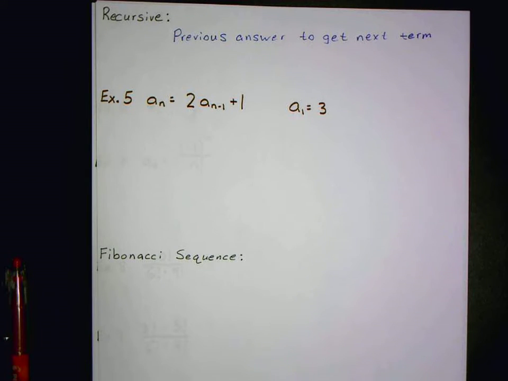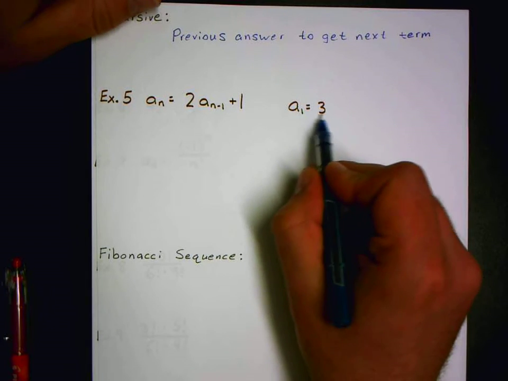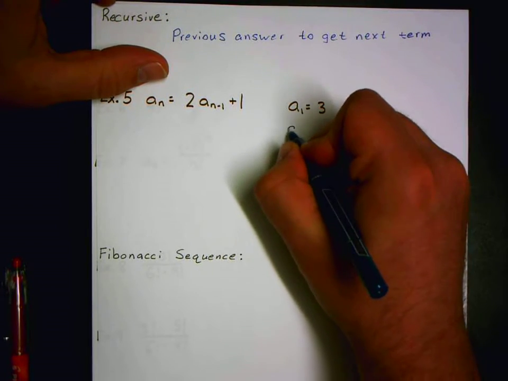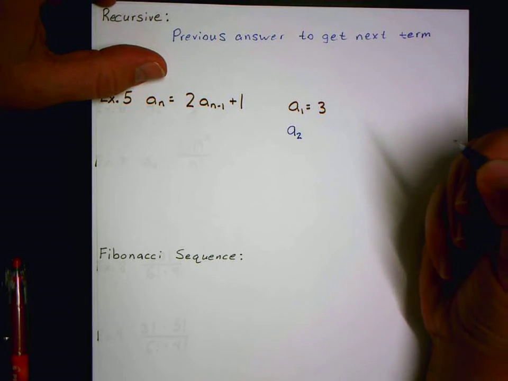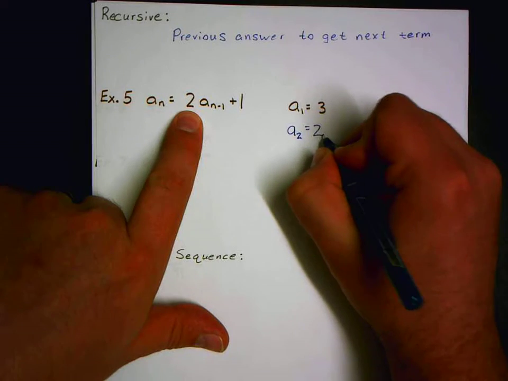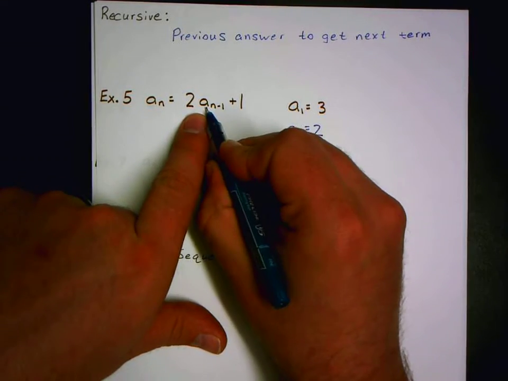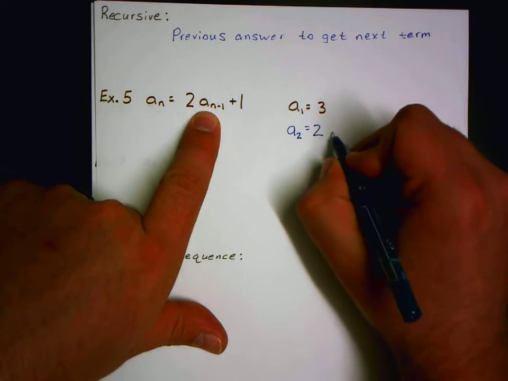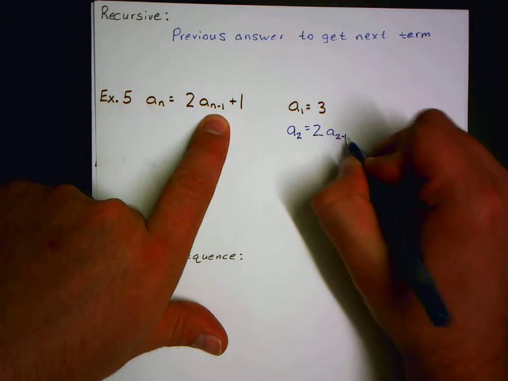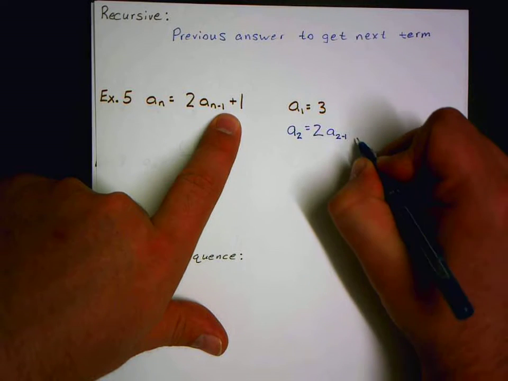Now, if they're going to do something that's recursive, they always have to give you the first term. If I give you the first term, A1 is 3. So if I want to find A2, A2 means I take 2 times, okay, n right now is 2, so this would be A sub 2 minus 1 plus 1.